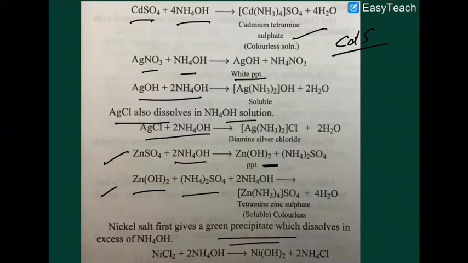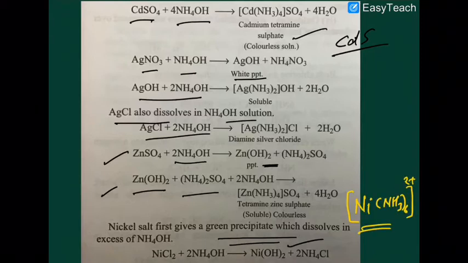So remember that the nickel hydroxide formed here gets dissolved in excess of ammonia to give you a complex, hexaammine nickel(II). This is the formula of the complex. That complex is formed by excess of ammonia.